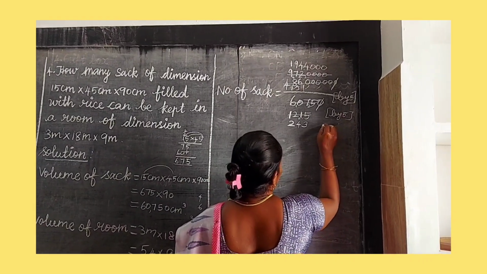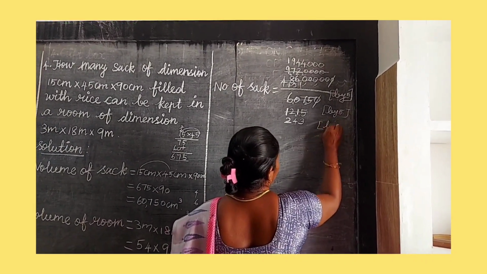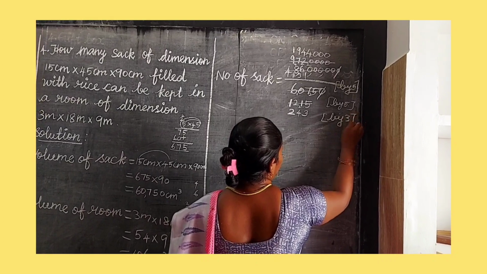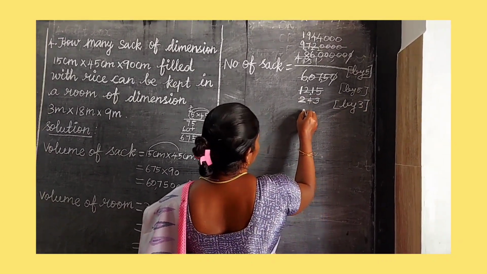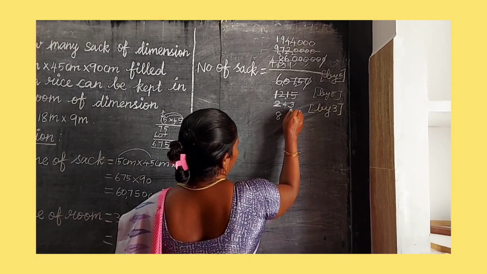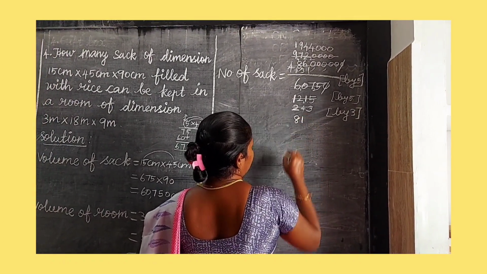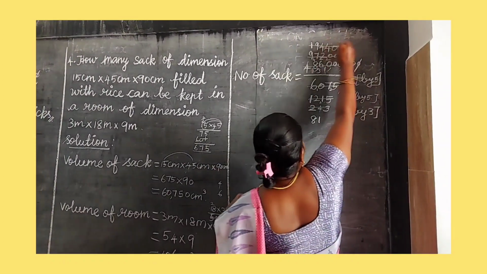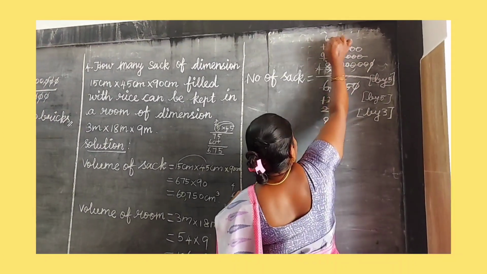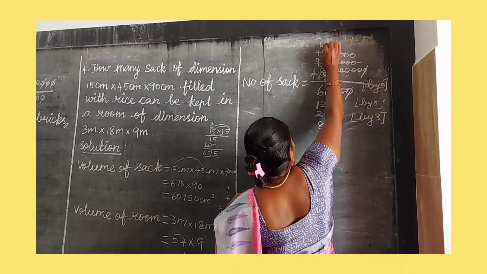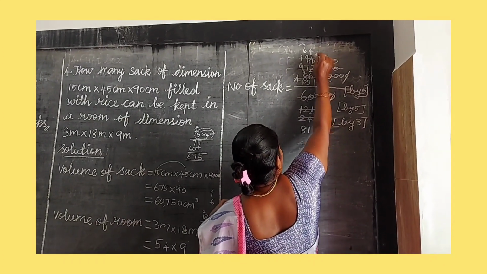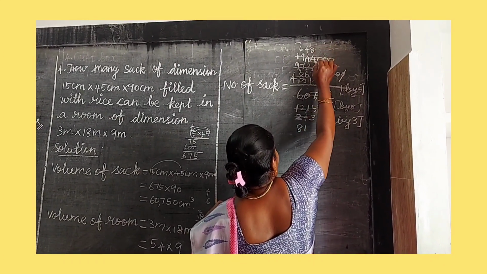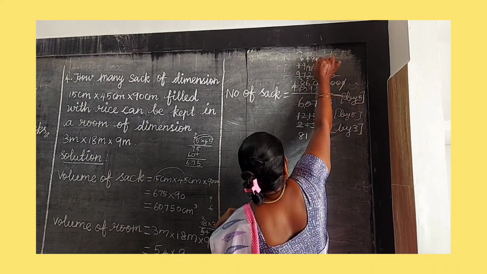Next again cancel by the 3 table. 8 threes are 24, 1 three is 3, 6 threes are 18, carry 1, 4 threes are 12, carry 2, 8 threes are 24, adding 3 zeros.